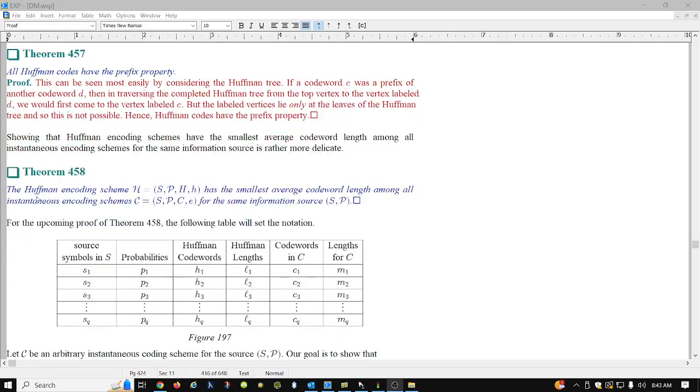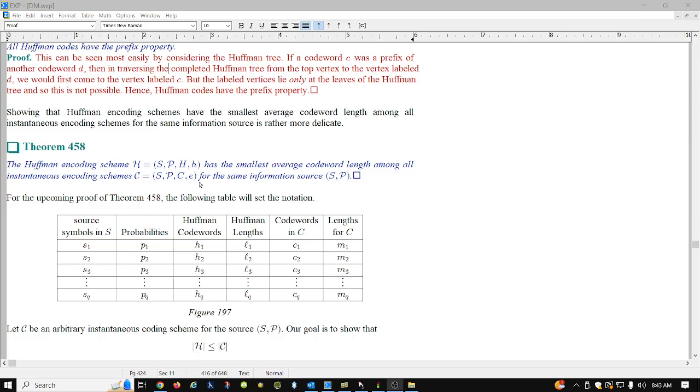Here's the theorem. The Huffman encoding scheme, script H, has the smallest average code word length among all instantaneous encoding schemes, script C, for the same information source. Same source alphabet, same probabilities.